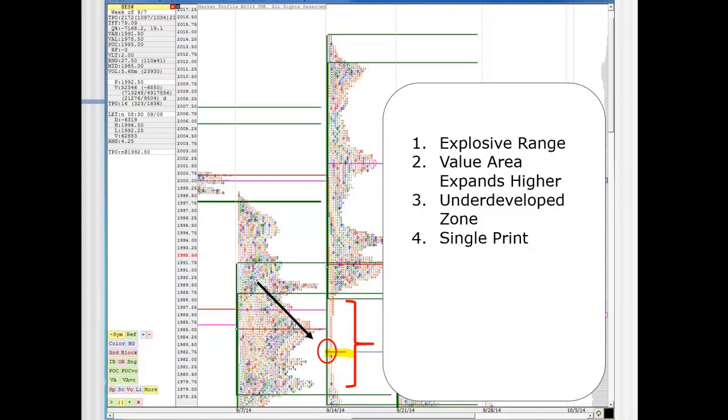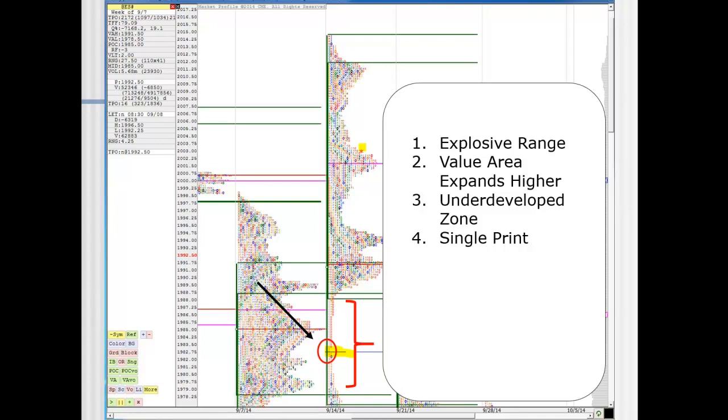Take a look from the time that we hit this price level. Look at how high the market went, and where it closed without really revisiting that specific point. So that single print is a very important marker on the auction, and we will use that to our advantage.